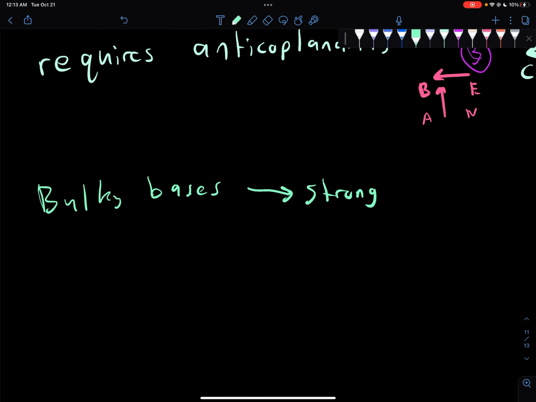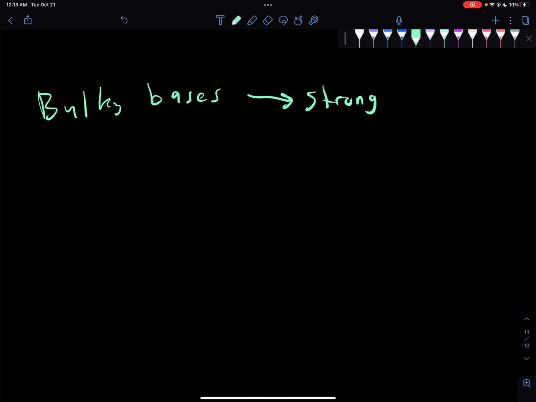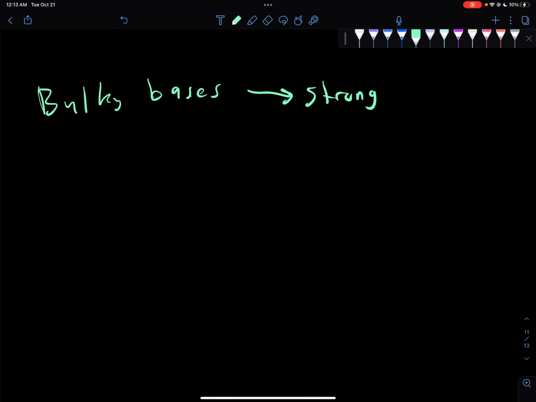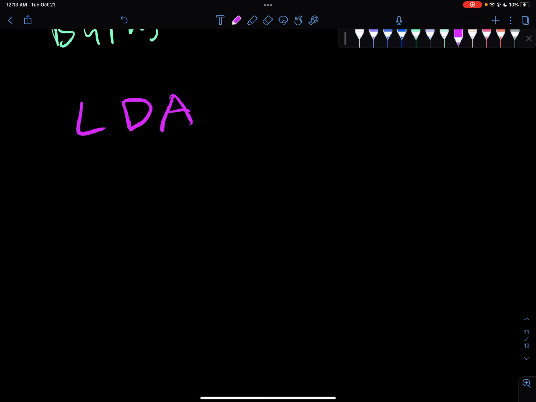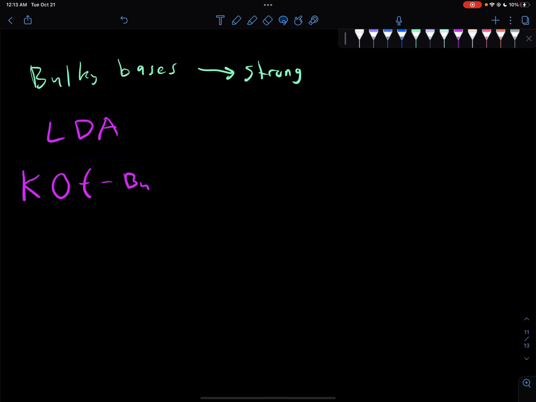We know that steric hindrance is bad for the two reactions, like E2 and SN2. So something to keep in mind, right? They're strong, they're going to do E2, but they're not going to extract a proton easily. So the bulky bases you deal with are LDA and some form of this thing right here, KOtBu. I'm going to write this in several different ways so that you can always recognize it.